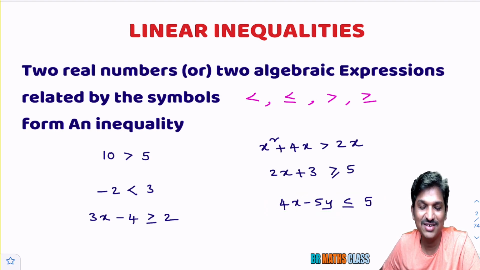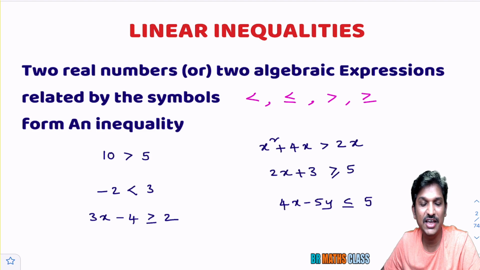You know what is an inequality? Between two real numbers or two algebraic expressions, if we keep an inequality symbol, then it forms an inequality. In an inequality, if a linear function in one variable or a linear function in two variables is involved, then we say that it is a linear inequality. I hope you understand what is a linear inequality.